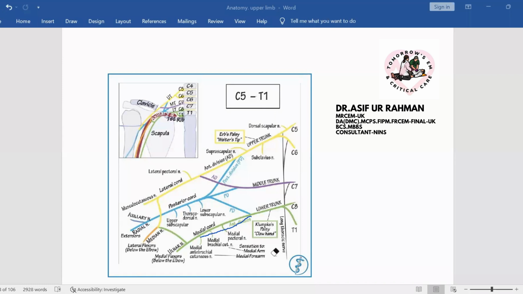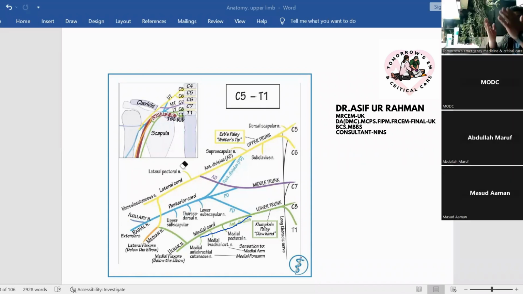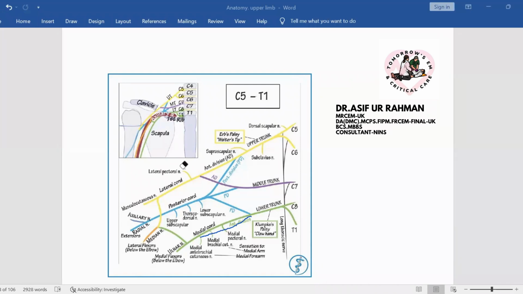Look at me: when we make a prayer, we use this muscle, so it is the nerve of heaven. If the long thoracic nerve is injured, what will happen? Winging of the scapula.